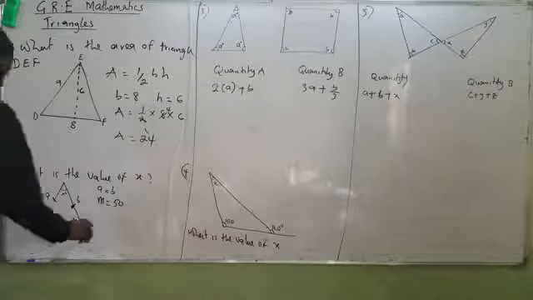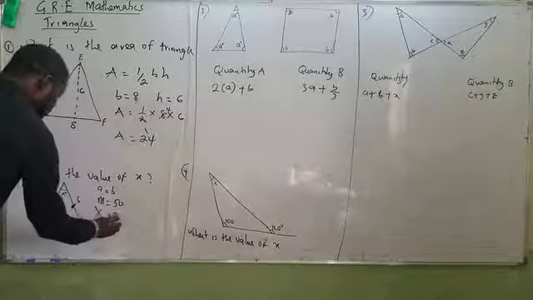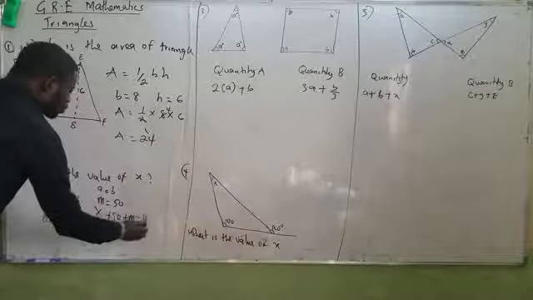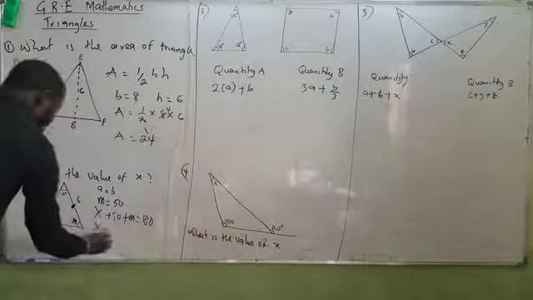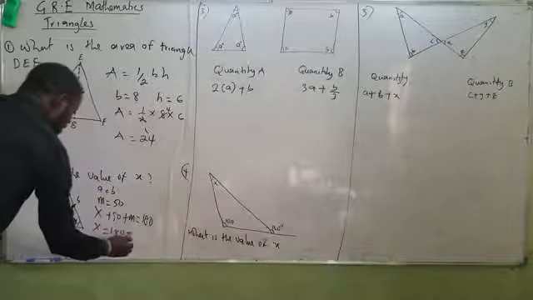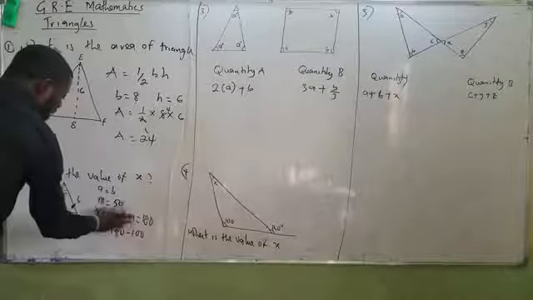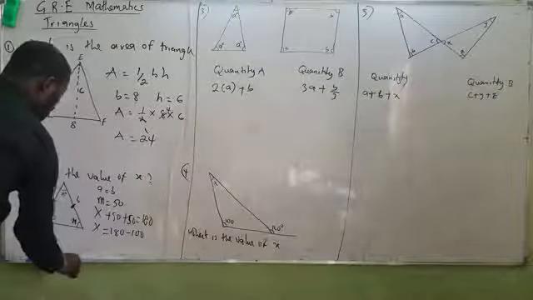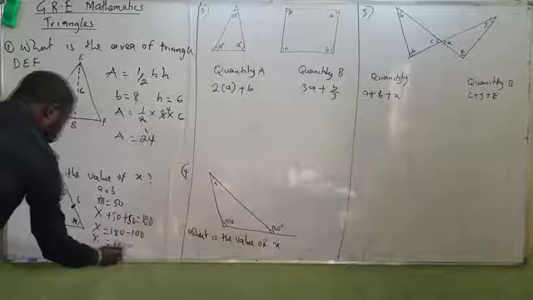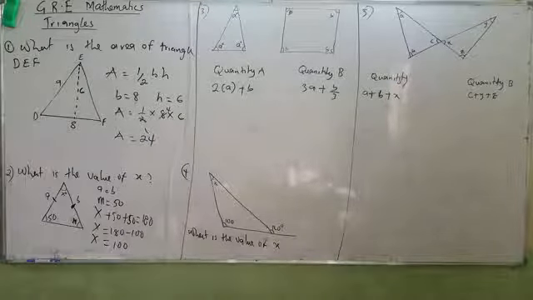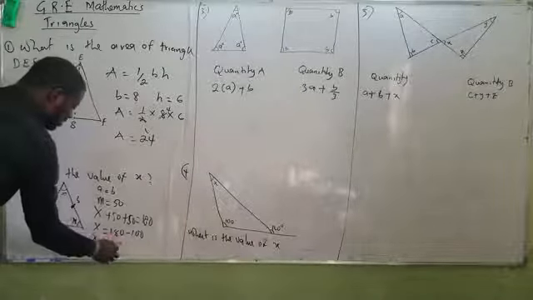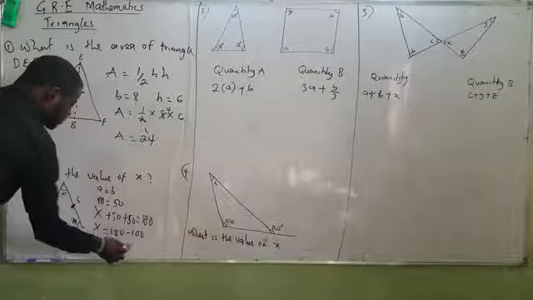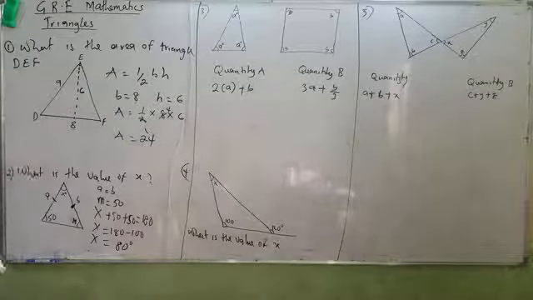Since M equals 50, S plus 50 plus M equals 180, the sum of angles in a triangle. So S equals 180 minus 100, which is 80 degrees. My S equals 80 degrees. That is all about that.